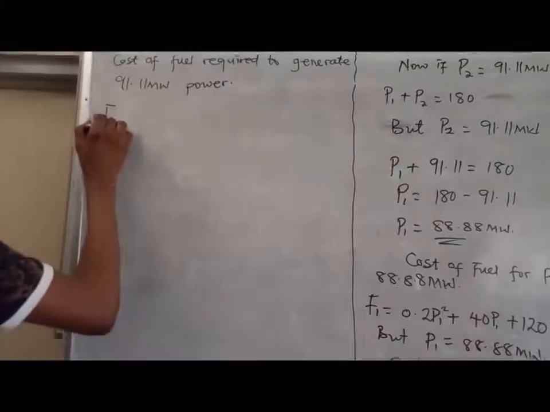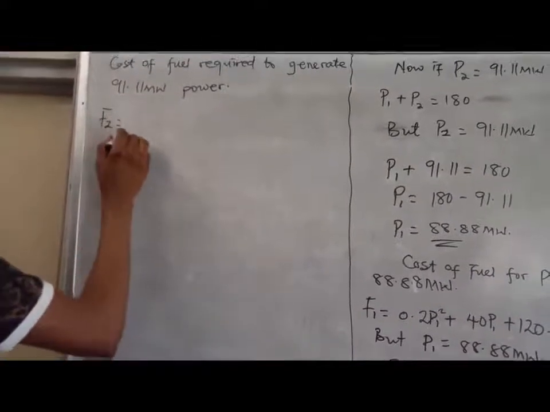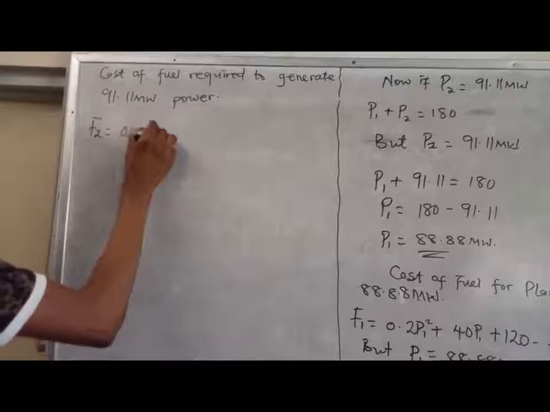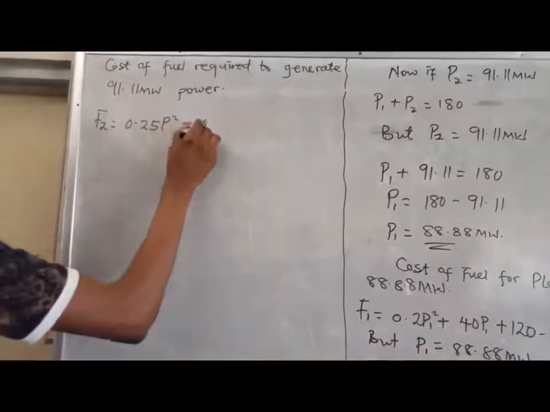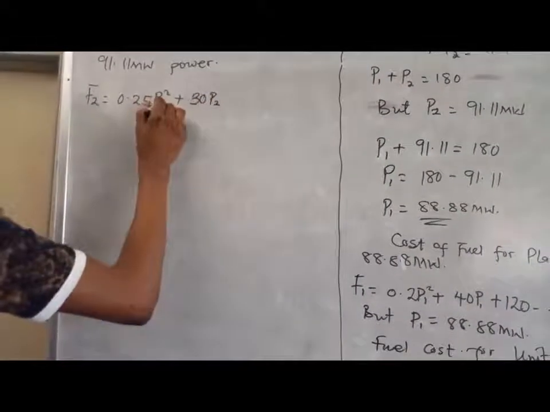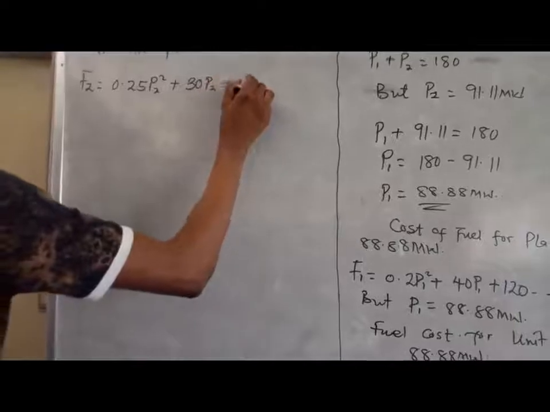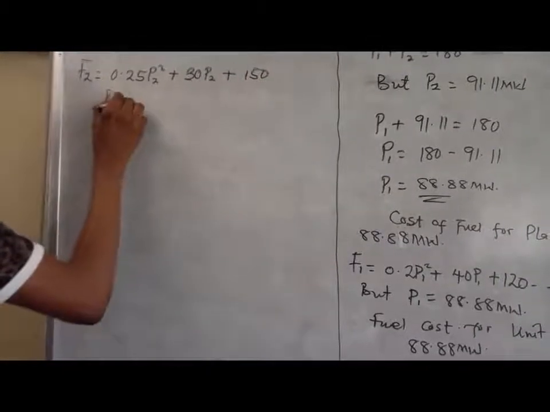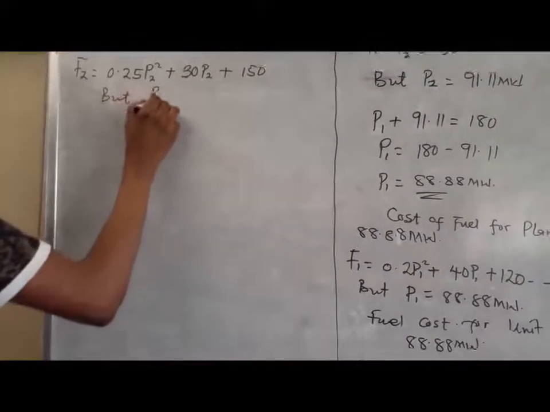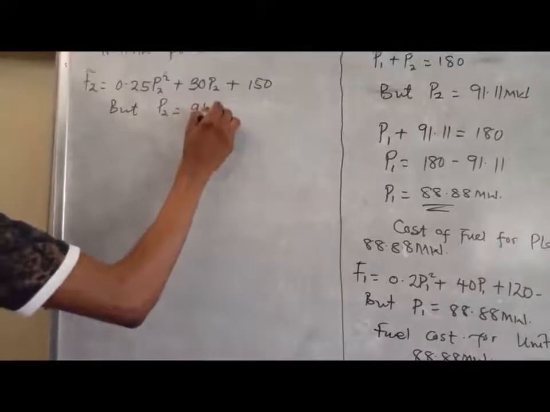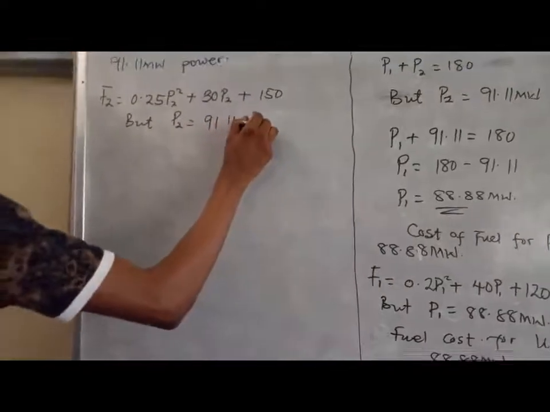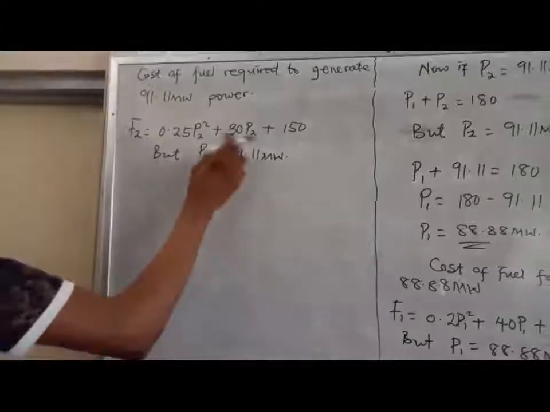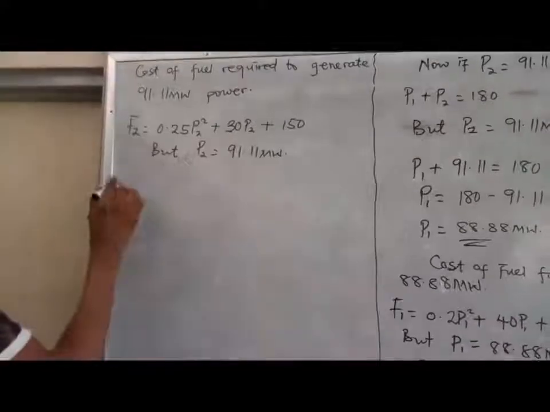That means F2 equals 0.25 P2 squared plus 30 P2 plus 150. But now P2 equals 91.11 megawatts. To get the cost, we just fix the required power into the fuel cost.